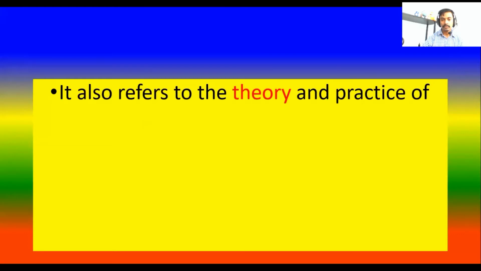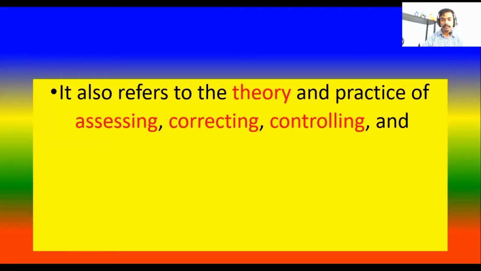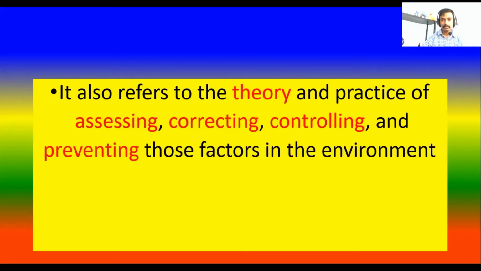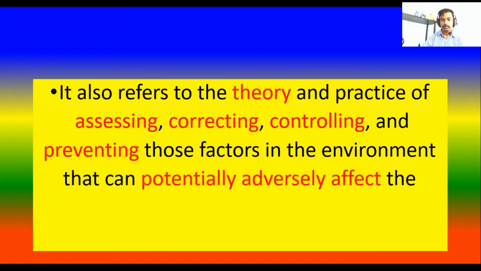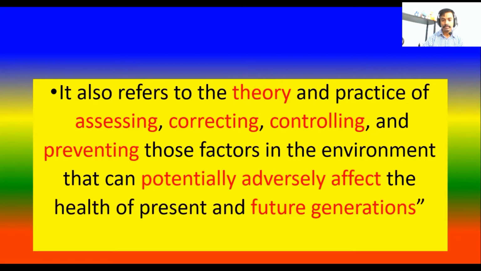It also refers to the theory and practice of assessing, correcting, controlling, and preventing factors in the environment. So if we correct and control the environment, we can prevent diseases. These factors potentially adversely affect future generations as well as the present.